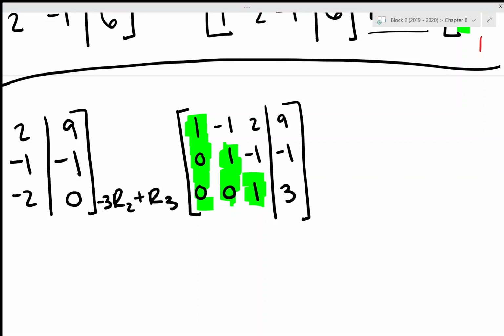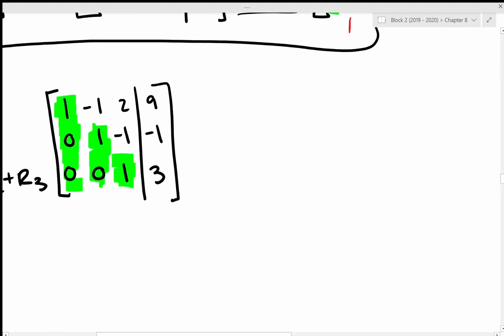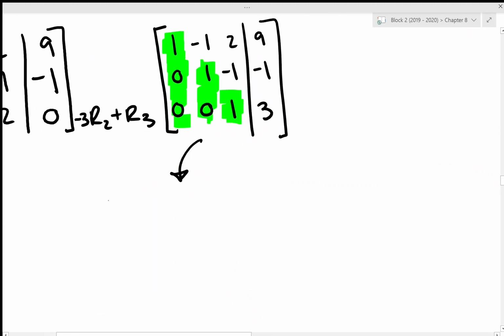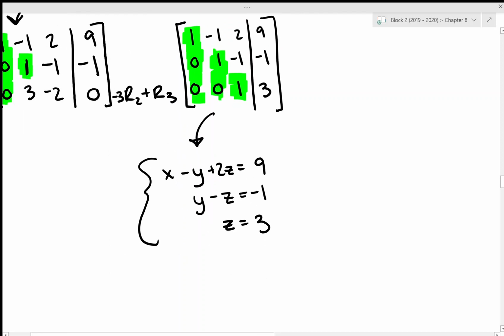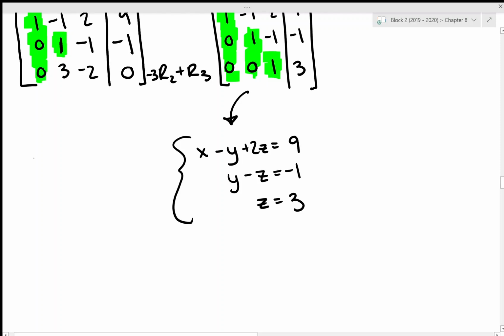So now that it's in row echelon form, I'm going to rewrite this as a system. So it is 1x minus 1y plus 2z equals 9. Now I have y minus z equals negative 1. And then I have z equals 3. So this is my system now that I got into row echelon form. So I now can back substitute. So y minus z, which is 3, equals negative 1.